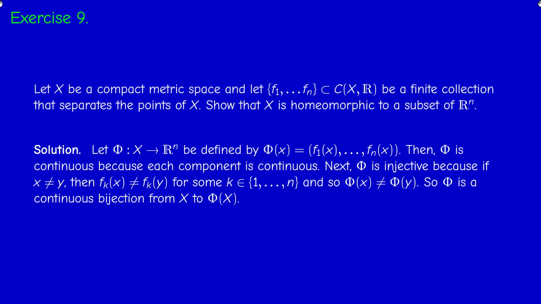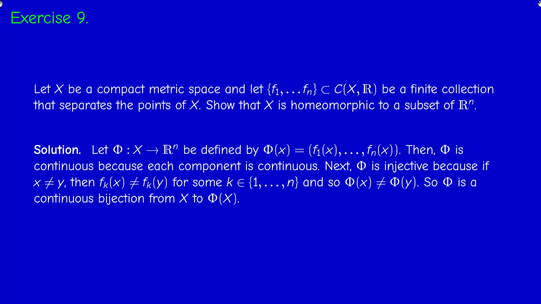Proving that phi minus 1 is continuous is equivalent to proving that the inverse image under phi minus 1 of a closed set is a closed set. But the inverse image under phi minus 1 is just the direct image under phi. So if capital A is closed in X, then it's compact.